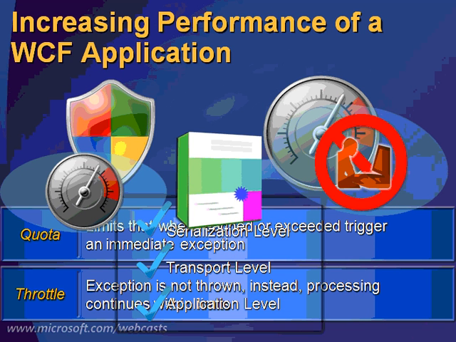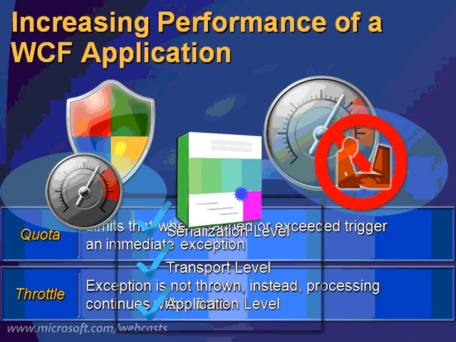The reason why we've got a default on that is because we want to prevent denial of service attacks where it makes sense. If you're doing a lot of streaming or something like that, you may want to adjust what those throttles and the quota levels are. An example of a serialization quota is the max items in an object graph. This specifies how many objects can be in an object serializer when it's serializing.